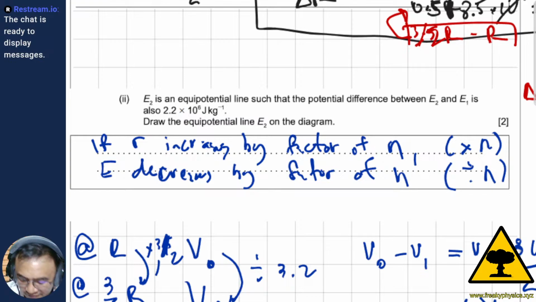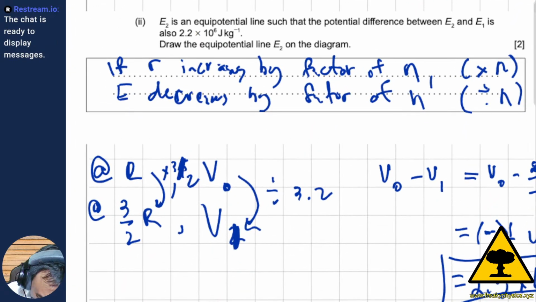We can ignore the negative for now though. However, we also know that this is going to be 2.2 times 10 to the minus 6. We'll keep this in mind, but we will not solve it just yet.